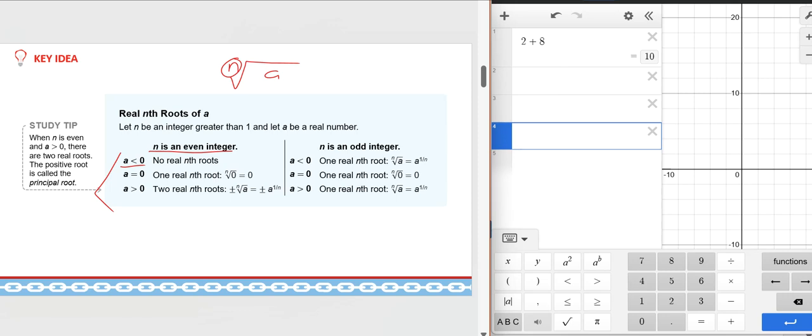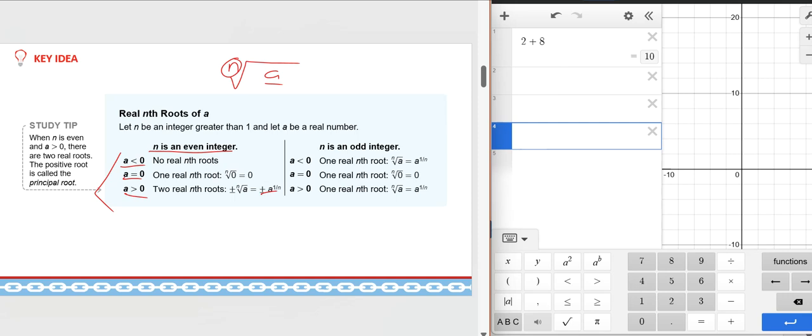If I put a negative number as my a value here, I'm going to get an imaginary number, so no real answer. If my a value is exactly 0 with my n value being even, then my answer is going to be 0. And if my a value is greater than 0, it's going to have 2 real nth roots, plus or minus a to the 1 over n power.